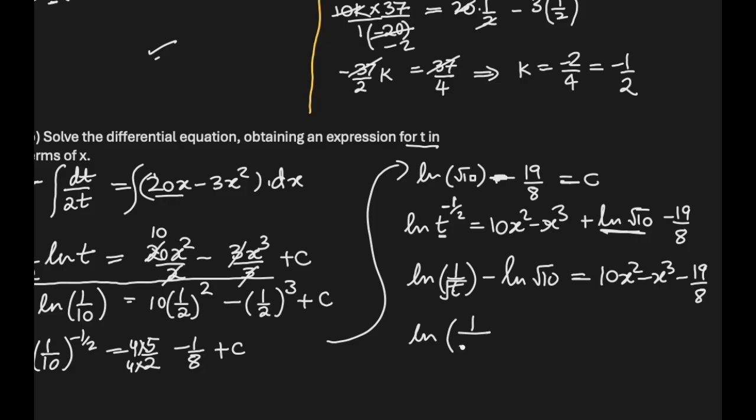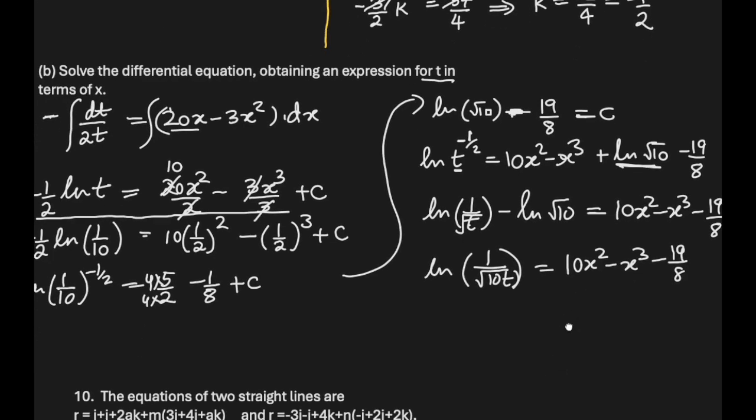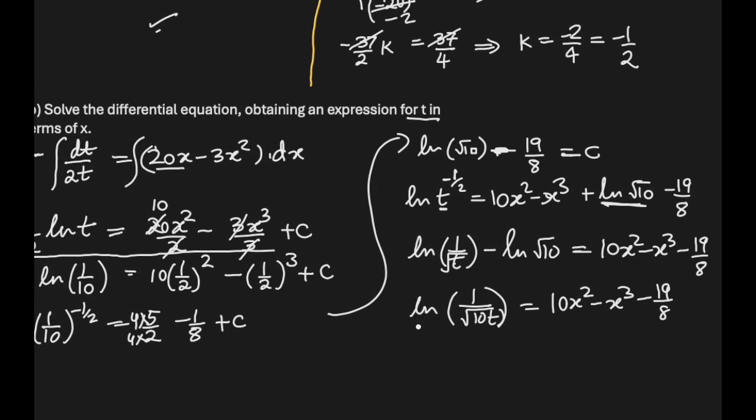So 1 over square root 10t equal to 10x square minus x cube minus 19 over 8. Now we need to get rid of this natural log, so it becomes 1 over square root 10t equal to e to the power 10x square minus x cube minus 19 over 8.